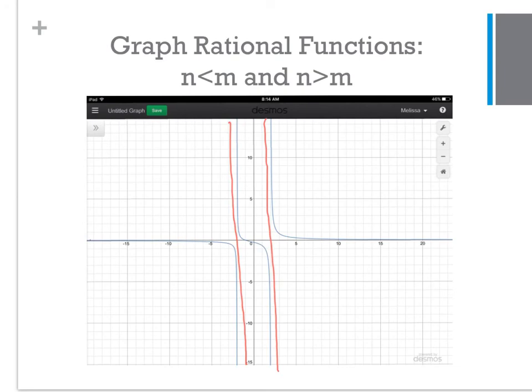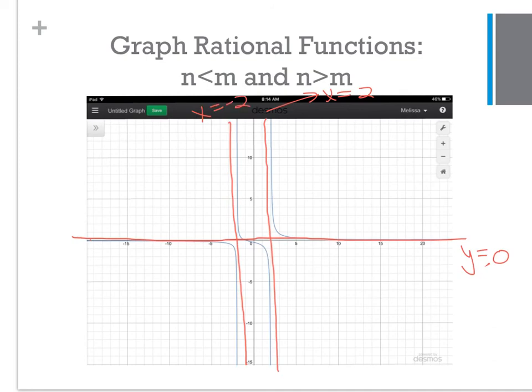So we have a horizontal asymptote right here over the top of the x-axis, which is at y, sorry, my bad, gotta erase that, y equals 0.